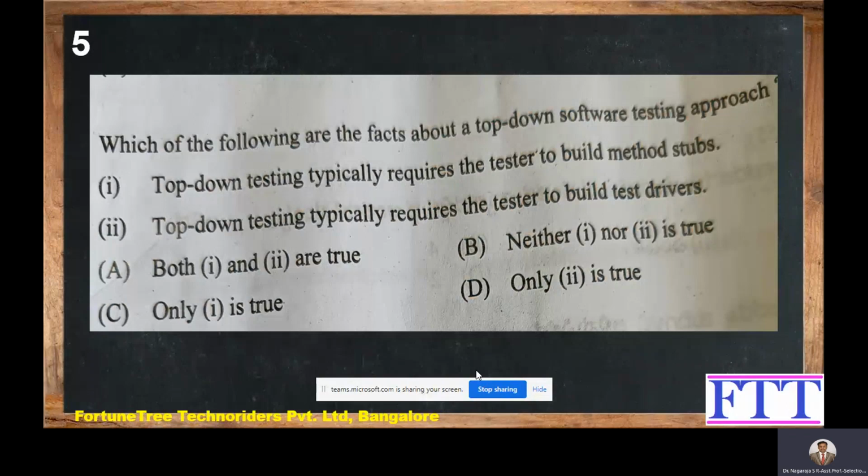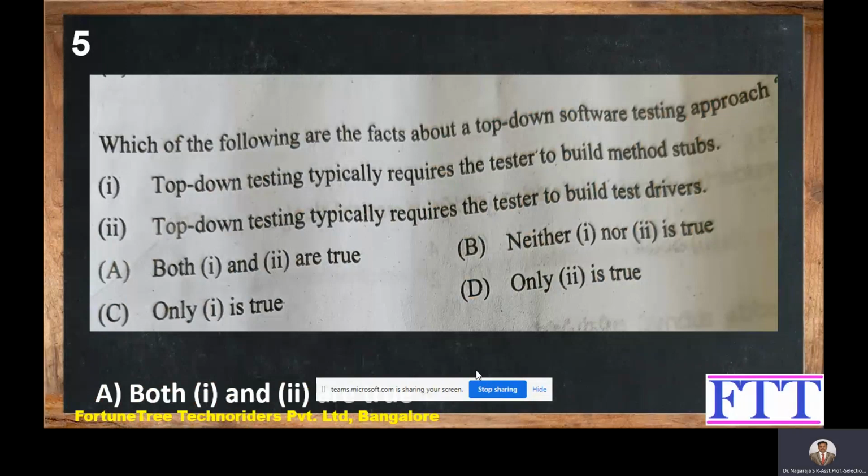Option A, both 1 and 2 are true. Option B, neither 1 nor 2 is true. Option C, only the first one is true. Option D, only the second one is true. So the right answer is option A, both 1 and 2 are true.